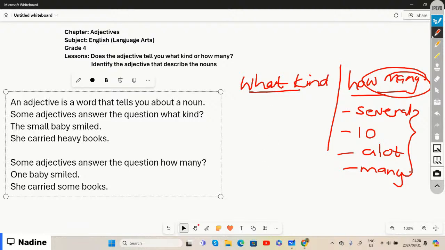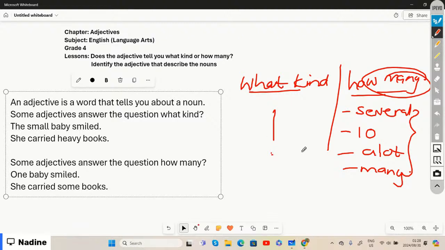When it comes to what kind, if they describe things in color, like if they say the dress is red, it's a beautiful dress, it's lovely, heavy, anything that tells us what kind of something it is, then we add it over here, which is what kind.